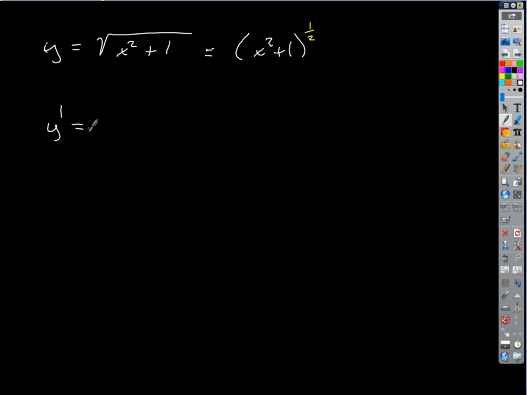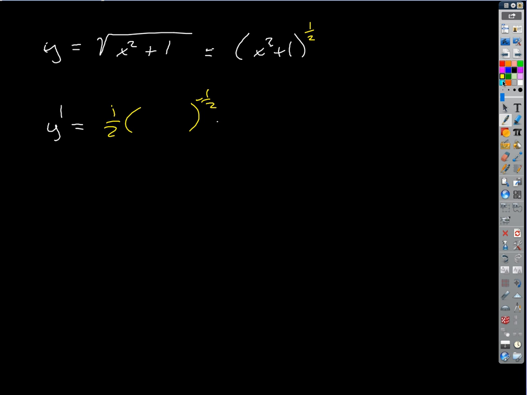If I have hand to the 1/2, what's the derivative? 1/2 hand to the negative 1/2. So the first layer gives us 1/2 hand to the negative 1/2, times the derivative of hand.